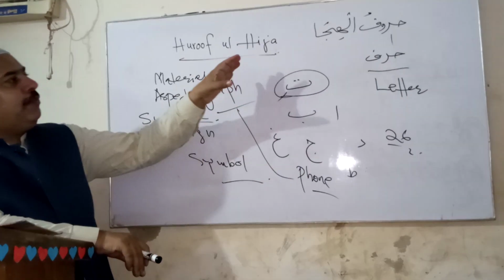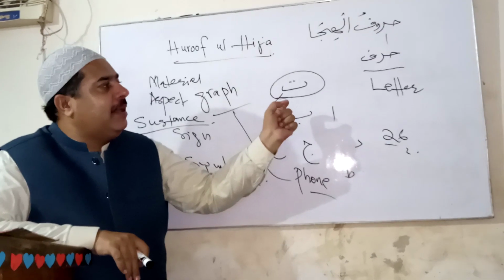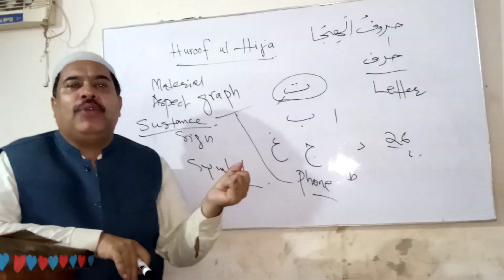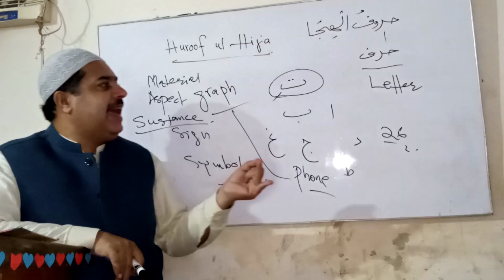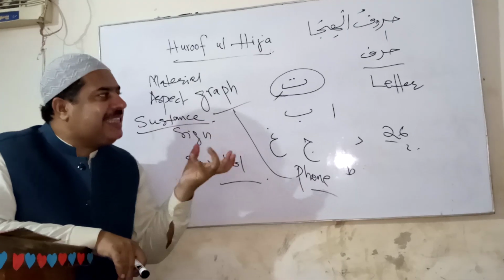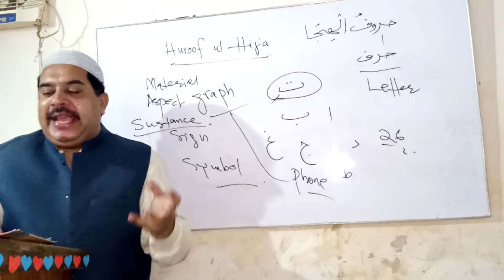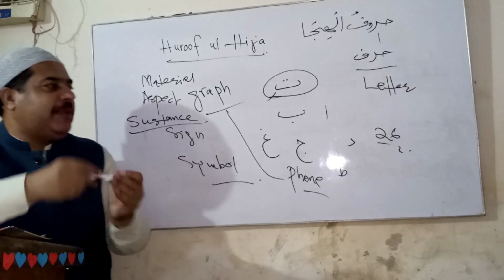In this connection, some of the points regarding Huroof-ul-Hija: we learned the number of Huroof-ul-Hija, 28 or 29, and then the concept of these huruf, how these are made, and what the real actual position is.